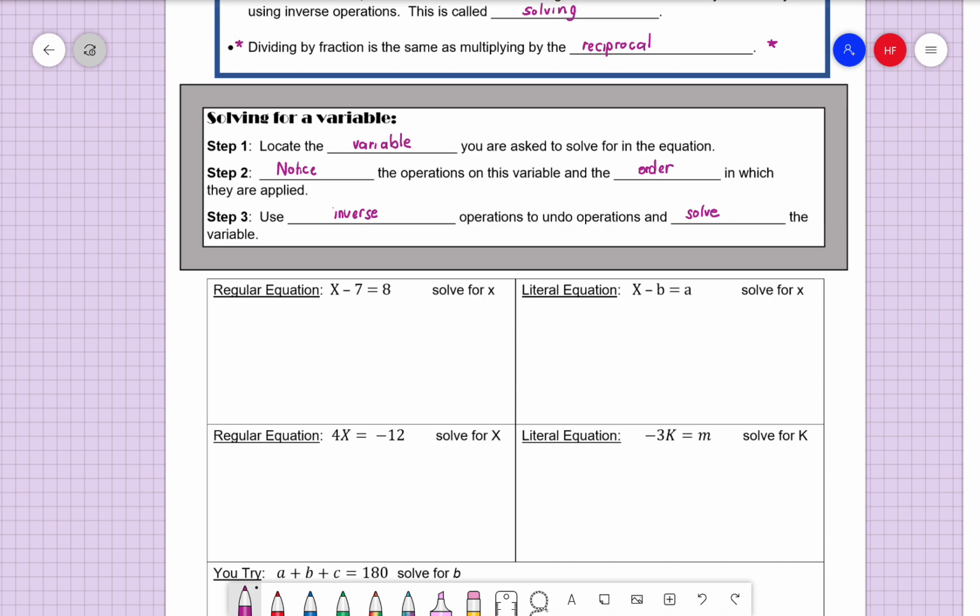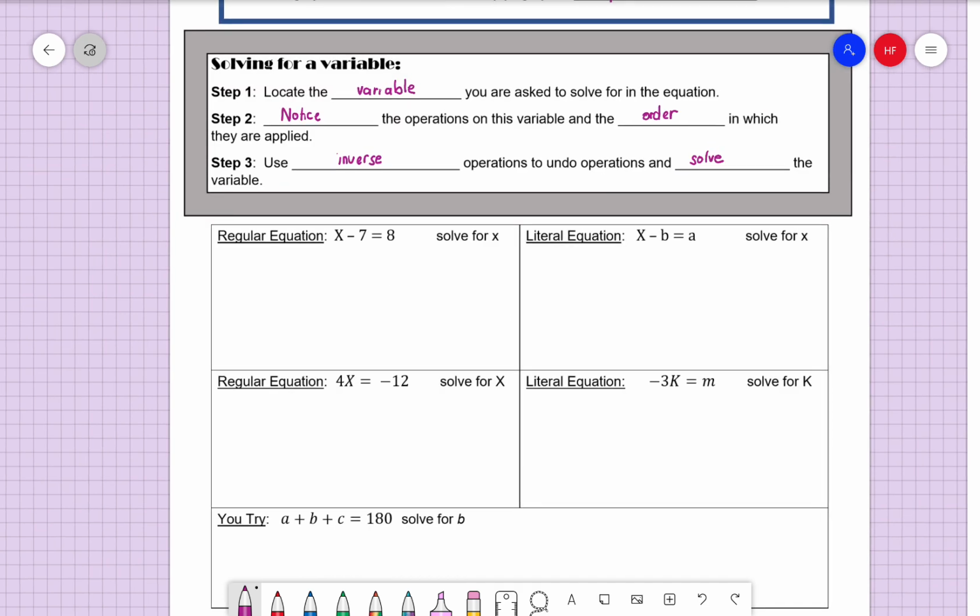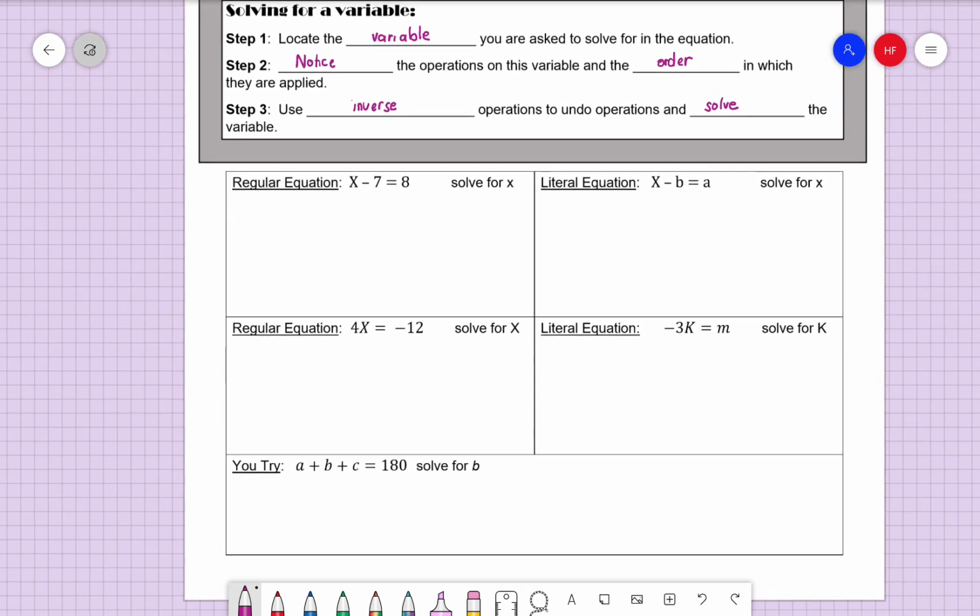So here, let's look at our regular equations versus our literal equations. On the left, regular equation, we would have x minus 7 is equal to 8, and we're solving for x. So I know that I want to get this x isolated. So I need to get rid of that 7 by undoing that operation.